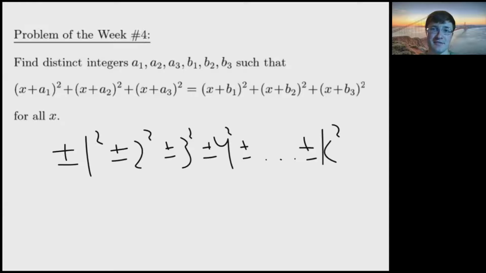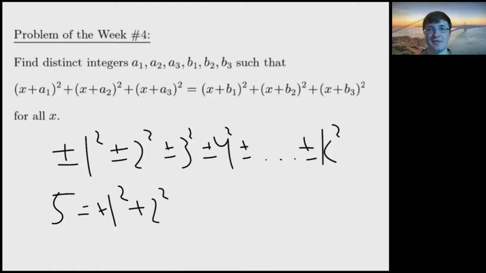So you can take as many of the first however many squares you want, and then you put pluses and minuses in them, and it turns out that you can represent every integer in this way. It isn't unique, but it is possible. So for example, 5 is 1 squared plus 1 squared plus 2 squared.